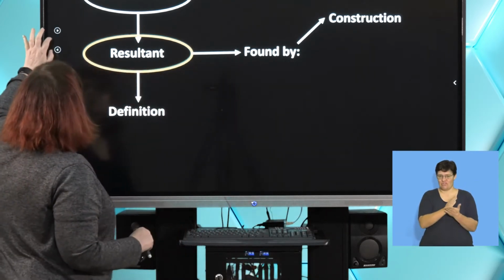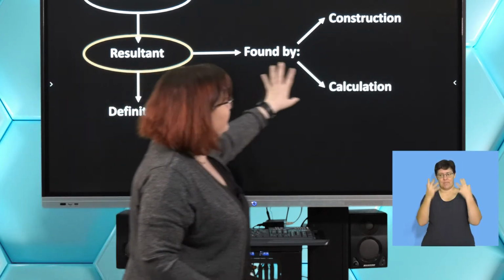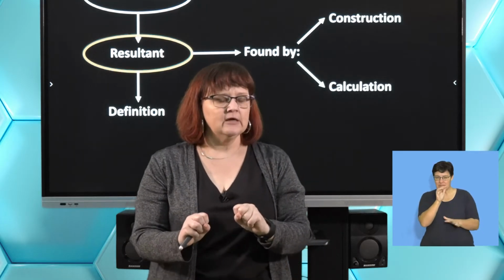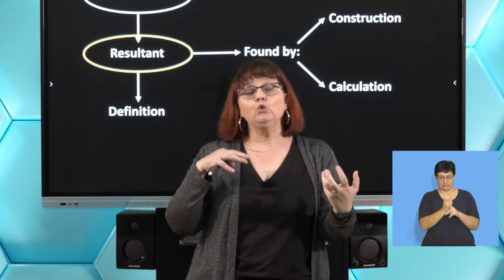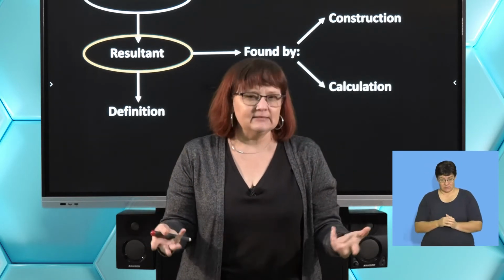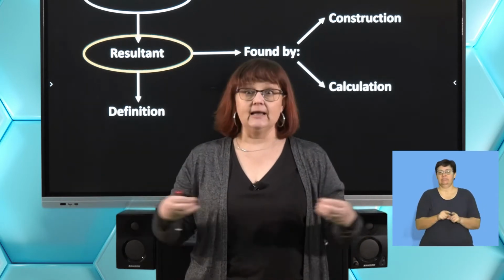And then, of course, we can do it by calculation. Calculation is going to look a little different to what you're used to, because we now have to take direction into account. And that's where things can get a little hairy for us, because we're introducing a new way of looking at direction, and we're going to introduce a negative, but it's not the negative like you see on a number line.